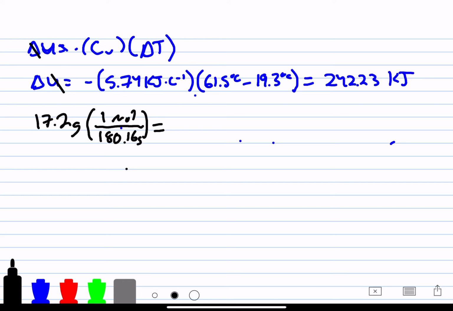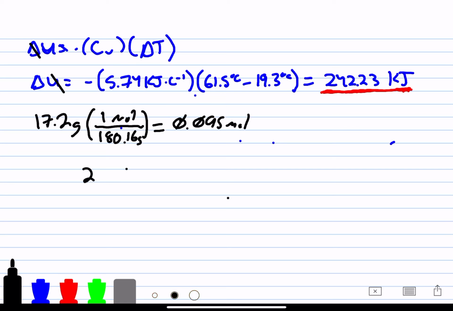That comes out to be 0.095 moles of glucose. Now, here we have our change of U for that amount of glucose, and here's our number of moles. So now we need to take this number, the 242.23, and divide it by the number of moles. And that will be kilojoules per mole.